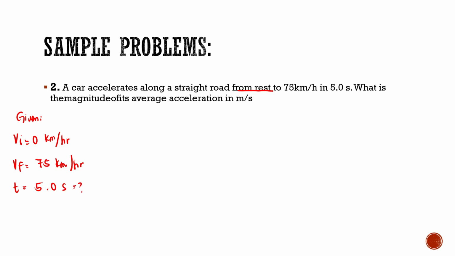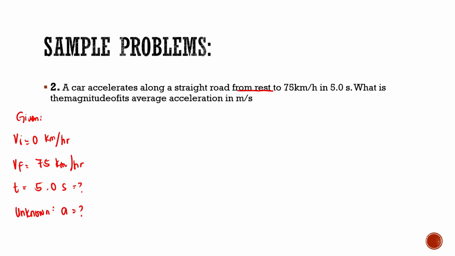Take note that there is a difference in the unit value, so we must convert things for us to have our final answer. And lastly, let's identify our unknown. Our unknown is the acceleration.